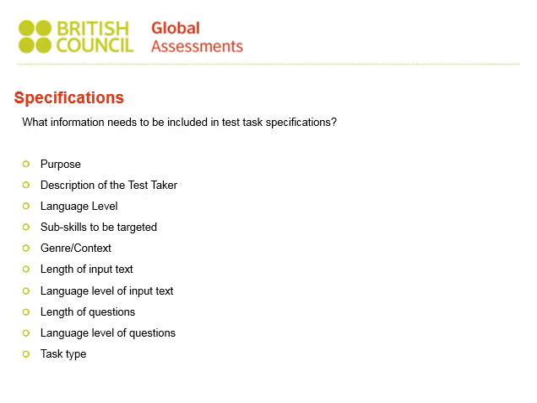These all need to be very clearly defined in order to ensure that the tasks being produced are consistently producing items which mirror the target construct. And this is essentially the job of the item writer, to understand the construct being targeted and to follow the test specifications to produce items that target those constructs.